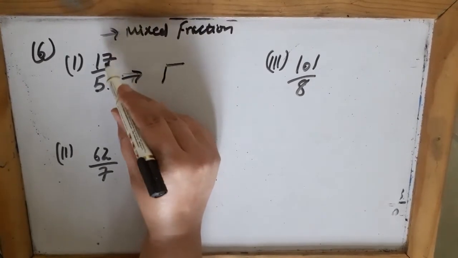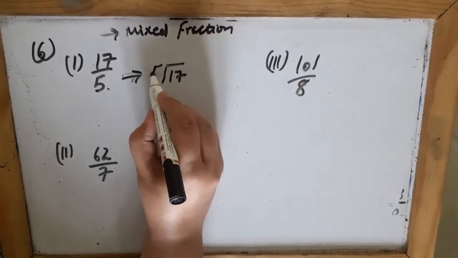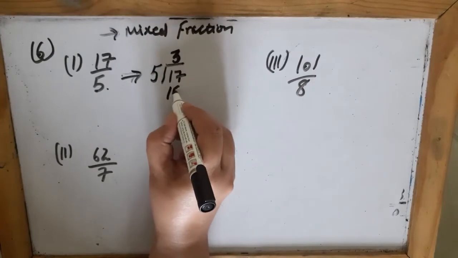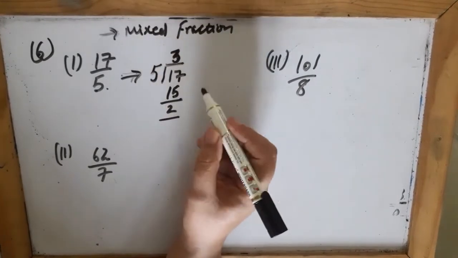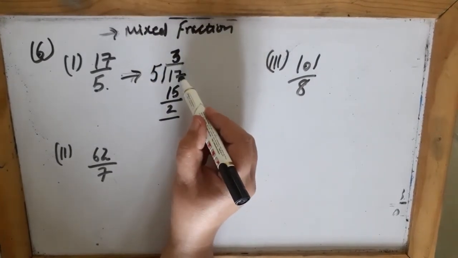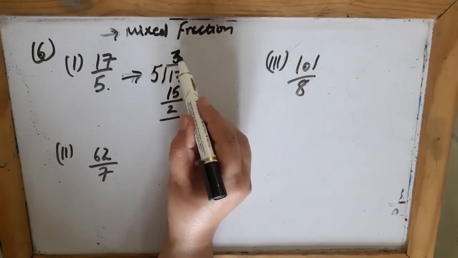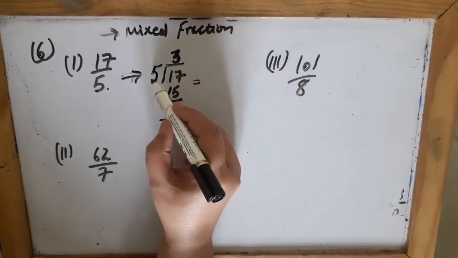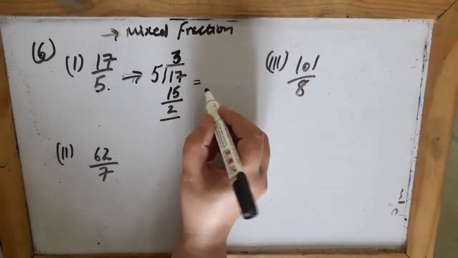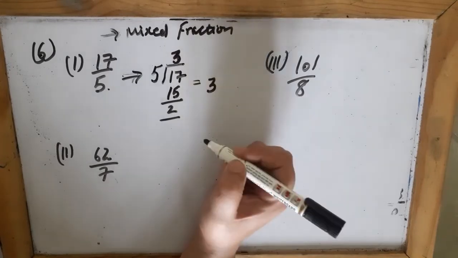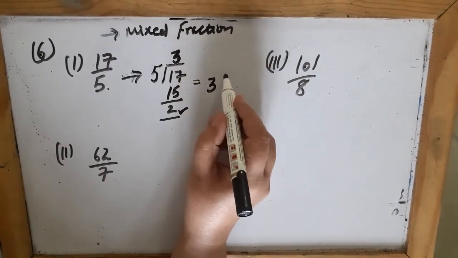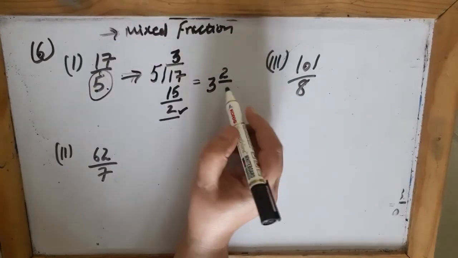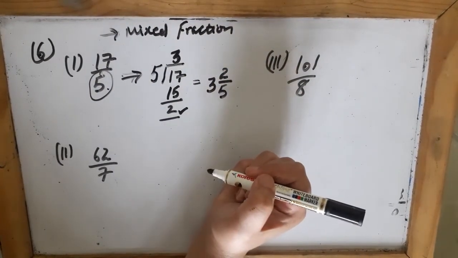So 17 is divided by 5. When I divide, 5 threes are 15 and I'm left with the remainder 2. It means that 17 is divided by 5 three whole times. So the whole number will become 3, and 2, the remainder, will become the numerator and the denominator will remain the same.